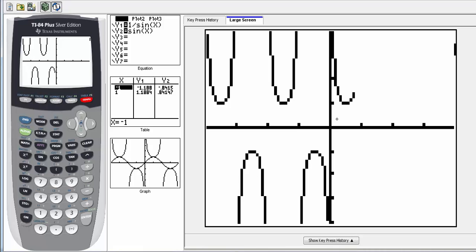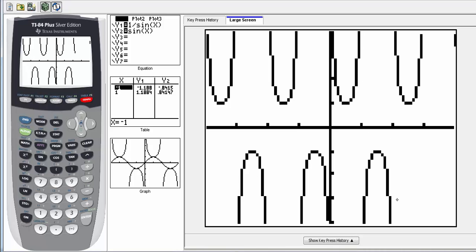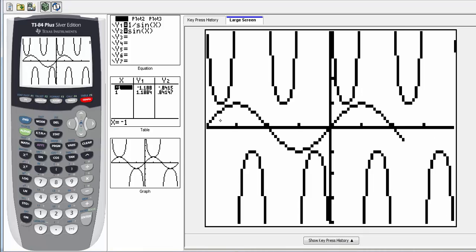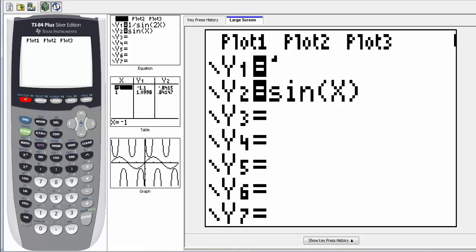So if we kind of start here from 0, there's our one period, and then there's the second period. And again, we can see here, this is the graph of our sine, so we can see that the graph of the sine is only representing here one period. So let's go back and adjust it as well.